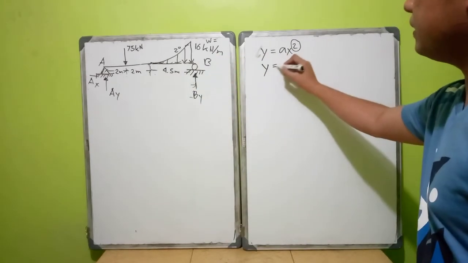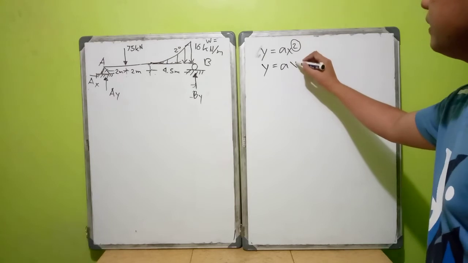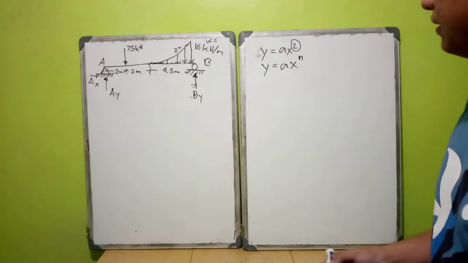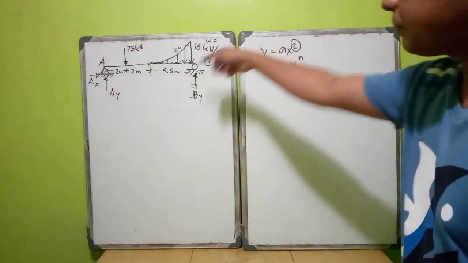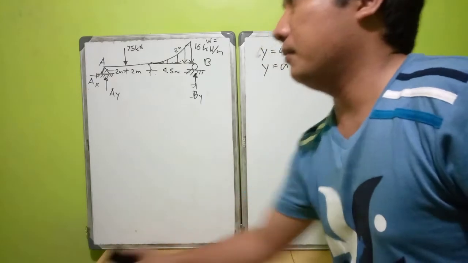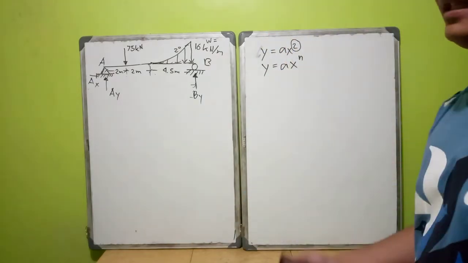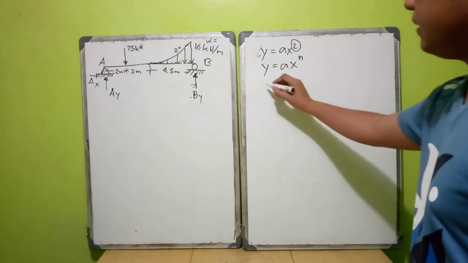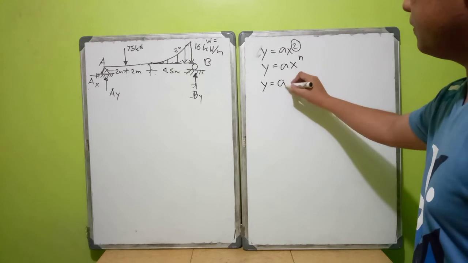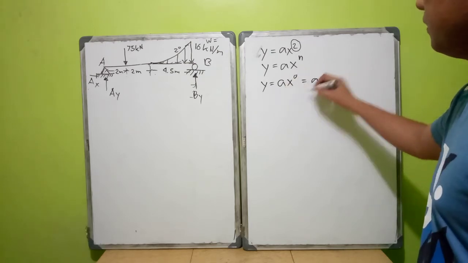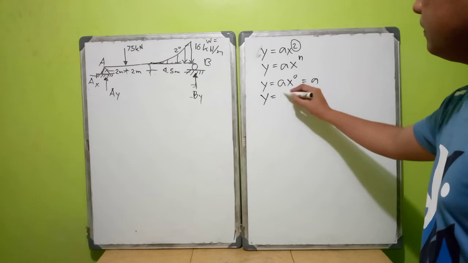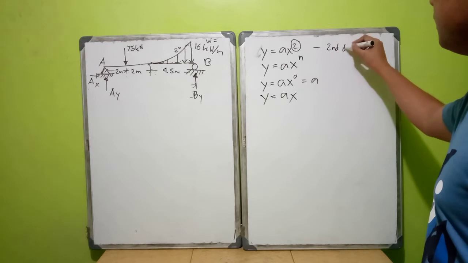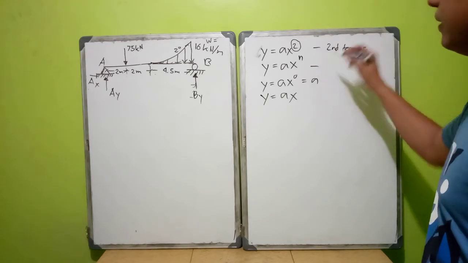When it is an n degree curve, it is in the form of y equals a times x to the power of n, where a is a constant. That is how we produce second and n degree curves. Just like also for a 0-degree curve, this is a to the power of x to 0, or simply a. This is a 0-degree curve, and this is a first degree.